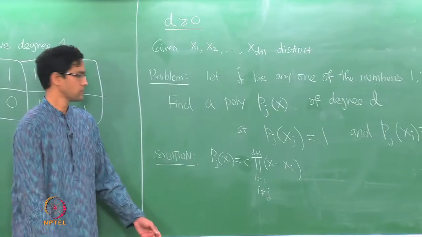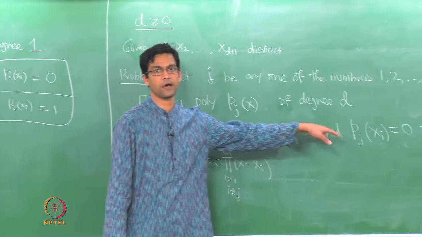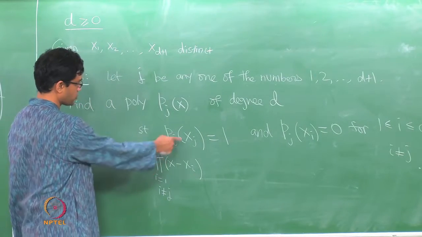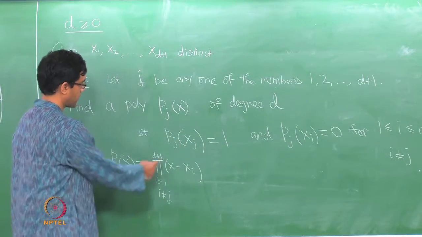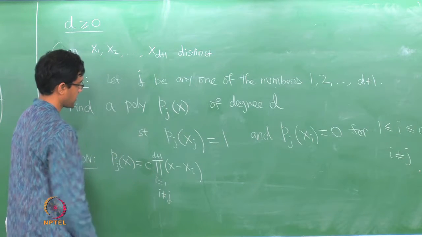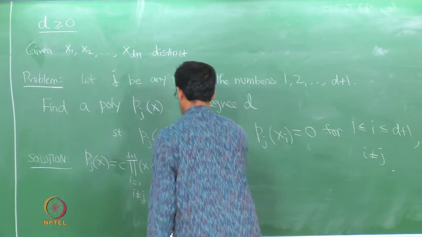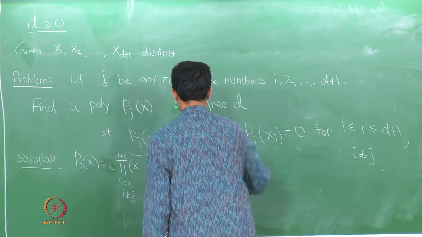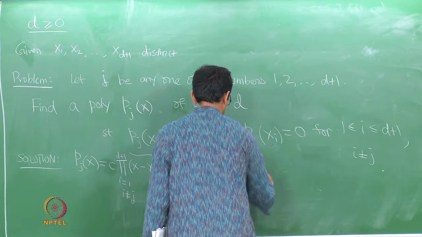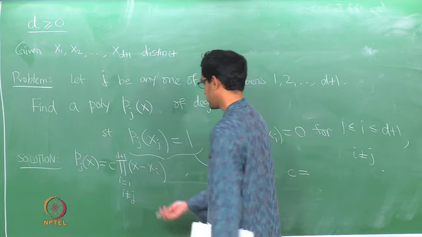Okay. So already we are able to get quite a lot of information just by knowing that here are d roots of this polynomial. And now to find this constant, we use this last piece of information. It says that if you plug in x equals xj, then you should get a 1 on the left hand side. So putting this condition in gives us the value of c. Okay. What is the value?